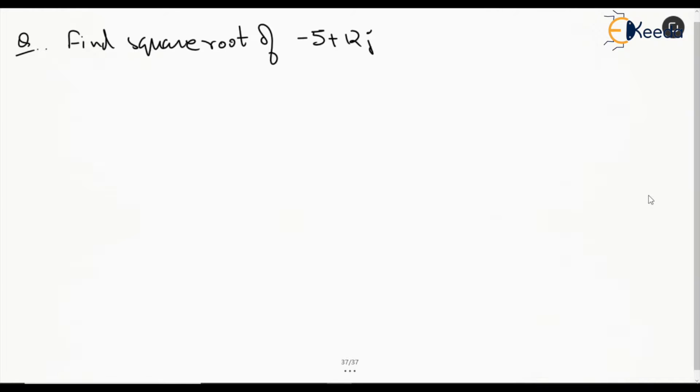Square root, that is (-5 + 12j) to the power of 1 by 2.